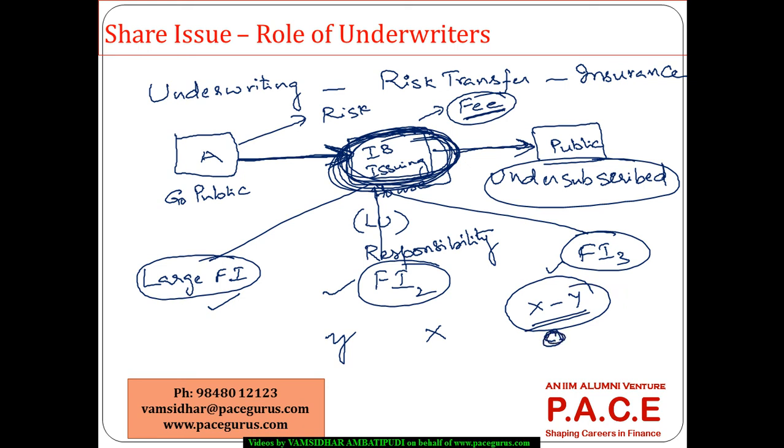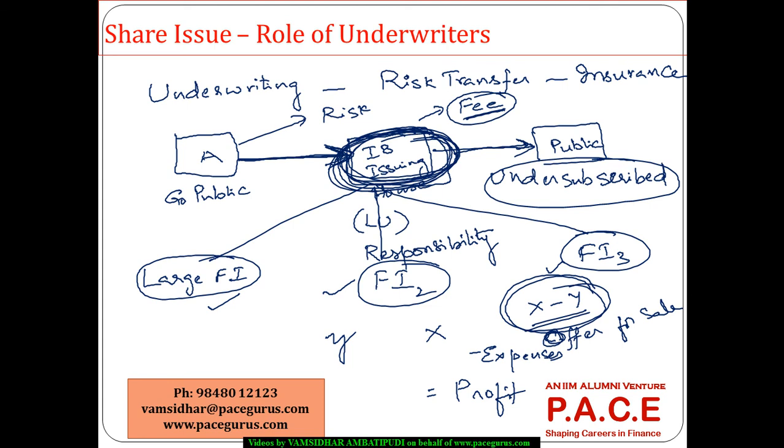So this is the situation where the difference is coming out. This comes generally in an offer for sale kind of process. And in this case, if the subscription is fully done, if all the shares are issued, whatever this fee minus the expenses the lead underwriter has incurred is going to be the profit of this lead underwriter.